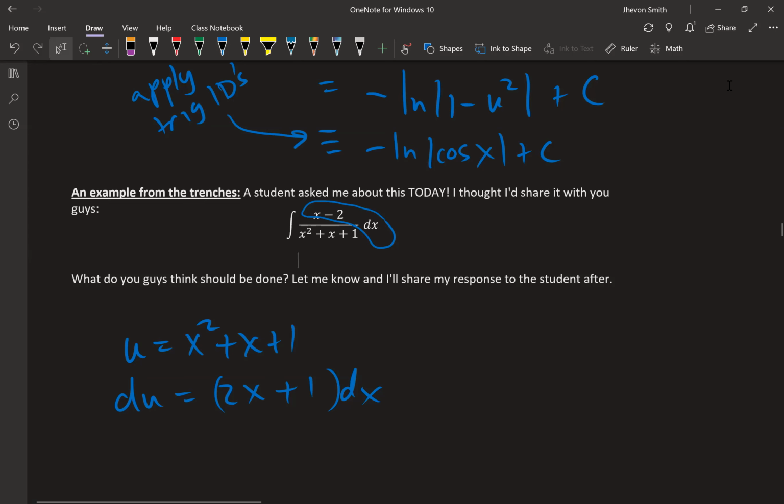All right, so now these things should separate into two different integrals. Okay, so how would you separate them? Give me ideas on how to. Yeah, it would be x over x squared plus x plus 1 minus 2 over x squared plus x plus 1. Oh, so you want to just break it up into this?